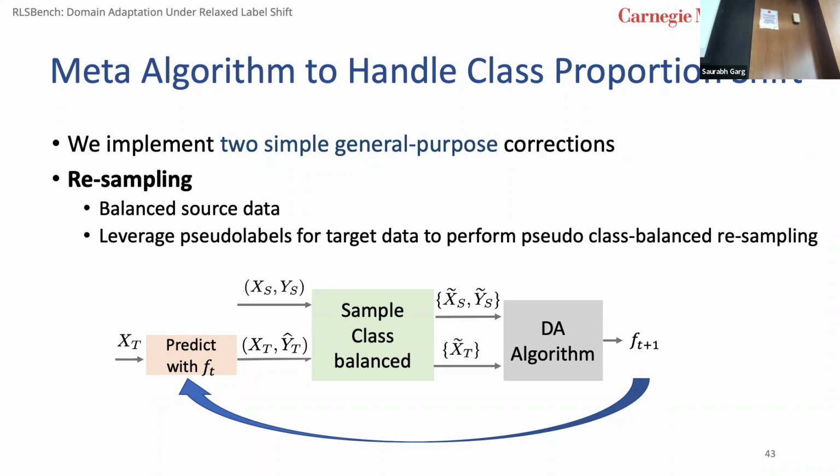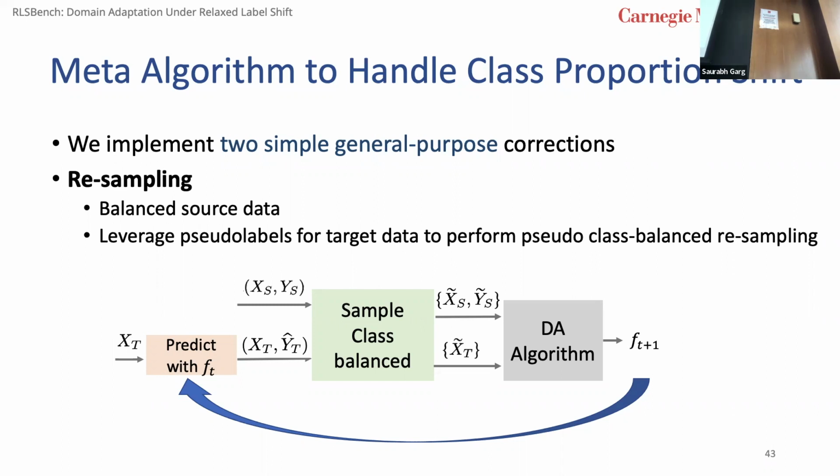But we can make our algorithm more conservative, by putting weight on confidence. That's a great point. That will automatically happen depending on how these DA algorithms use your resampled data points. For example, FixMatch does exactly what you said.